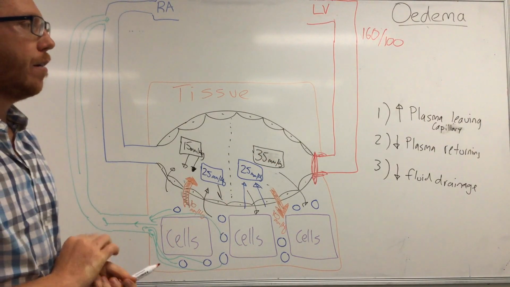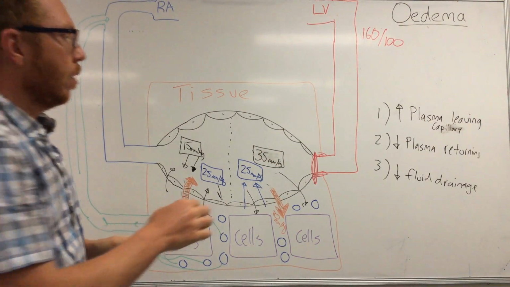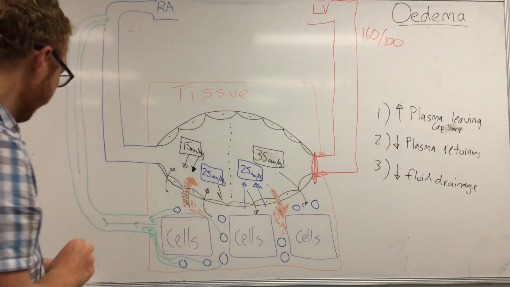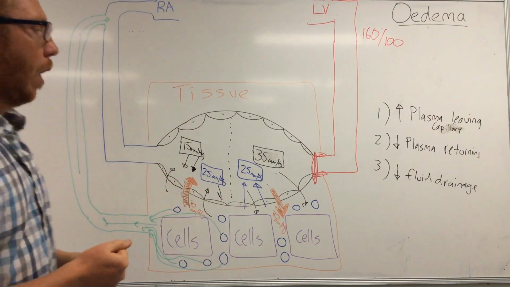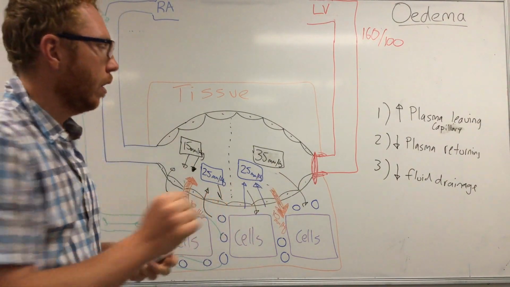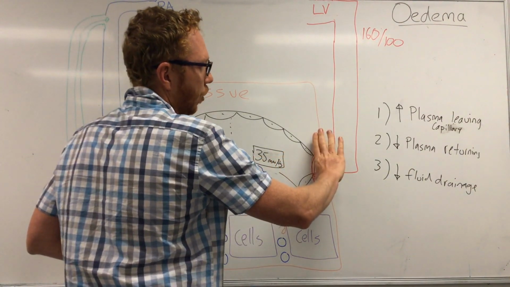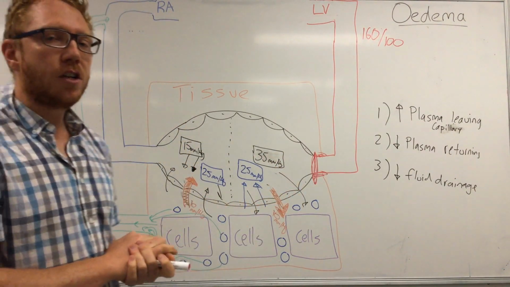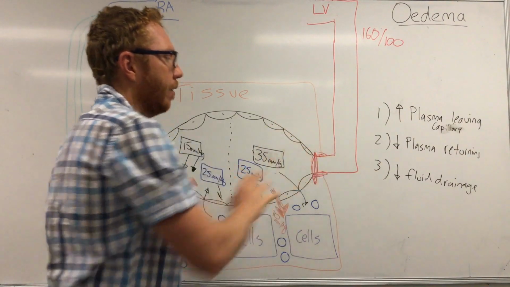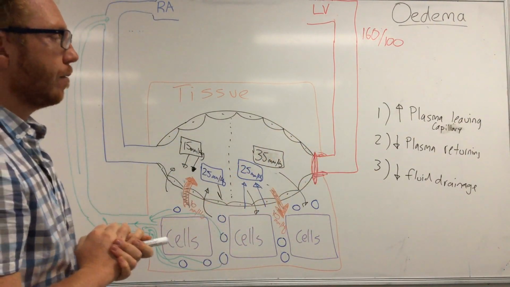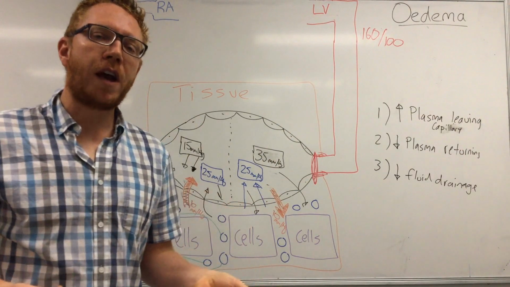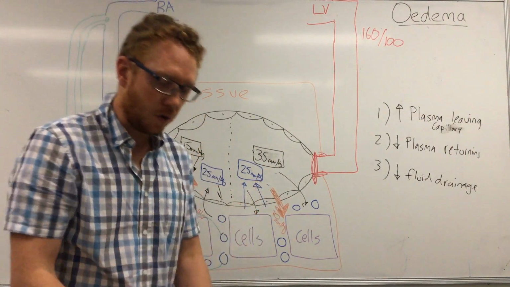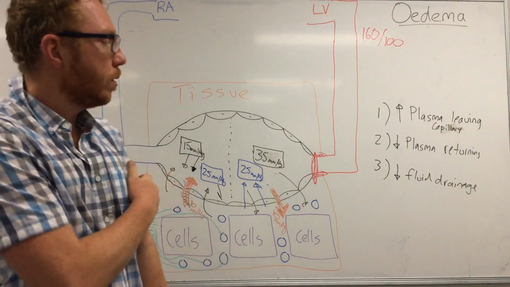Now, if you were to have a problem with the permeability here, so we know that if you have inflammation, two things happen with inflammation. You either have vasodilation or you have an increased permeability. And so this can actually cause edema from the arterial end. So if you were to have an injury, let's say you rolled your ankle, you do get edema, so your ankle swells up. So what causes that?